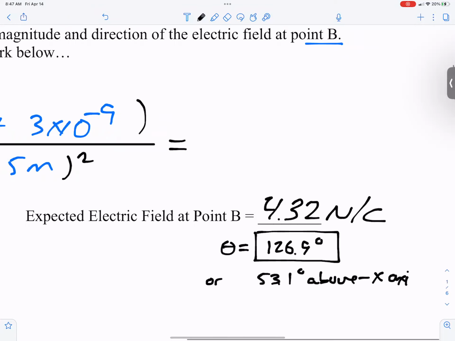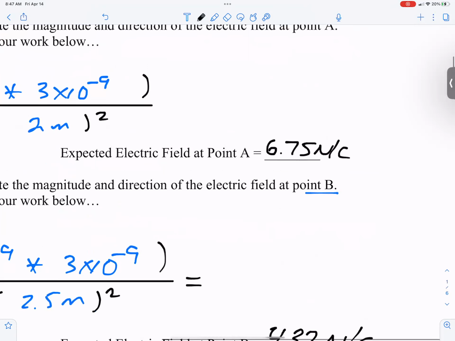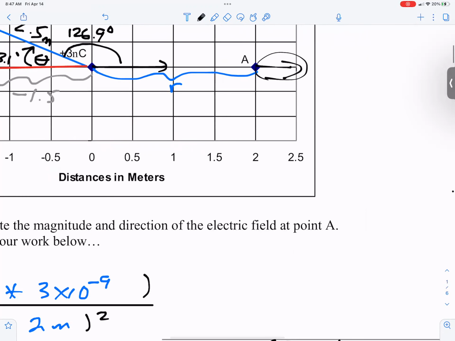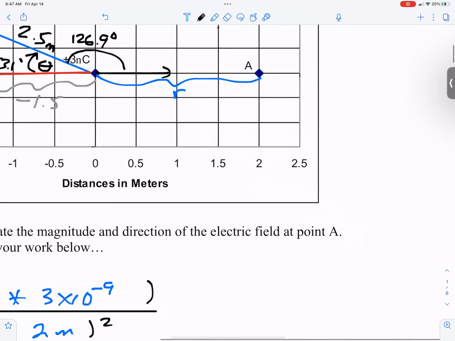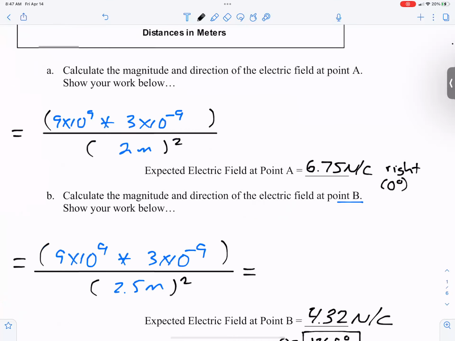You could reference it that way too. Either way is fine. Here, this one is directed to the right. You can see it would be directed to the right like this. But if you were to reference it as an angle, that would be 0 degrees. So 0 degrees is directed to the right.